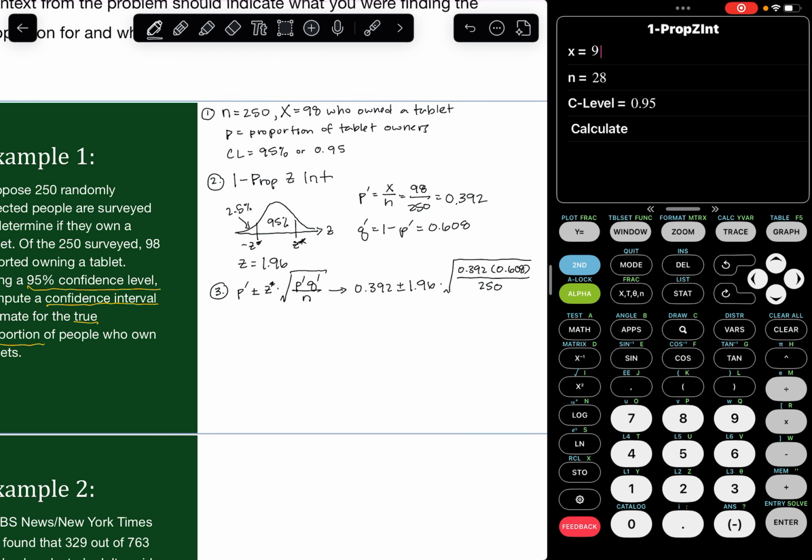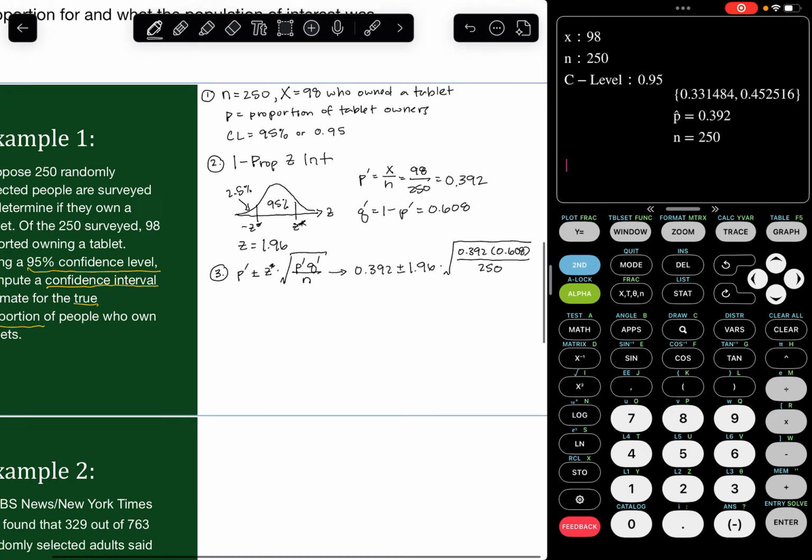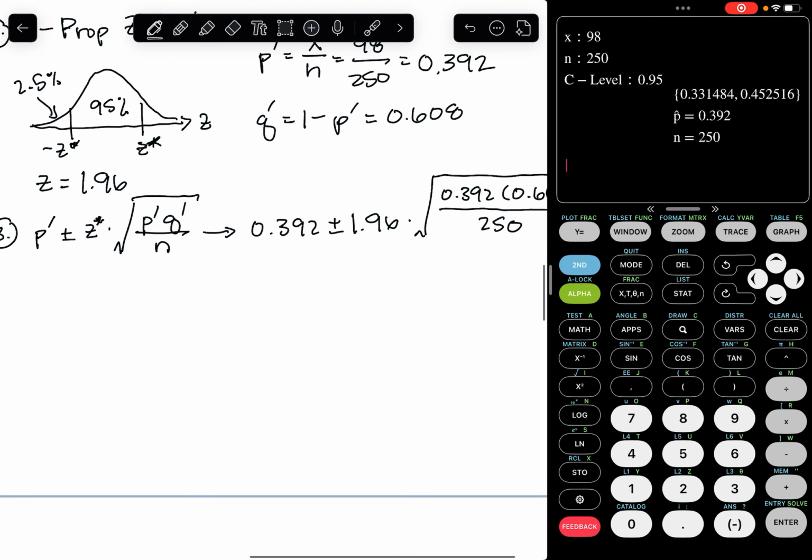Our sample size was 250, and our confidence level is 95. And we get a population proportion estimate of somewhere between 0.331 and 0.4525, which would round up to 0.453.